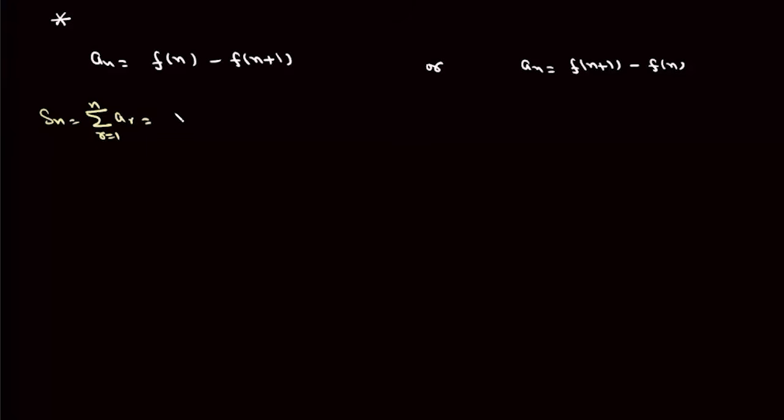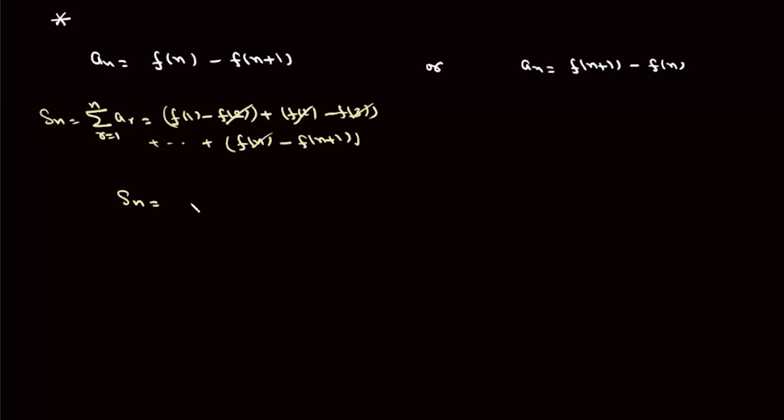A1 will be f1 minus f2, then f2 minus f3, and so on till fn minus fn plus 1. Here f2 will cancel, f3 and successive terms will cancel, and fn will also cancel. So in this case, we can write Sn directly as f1 minus fn plus 1.